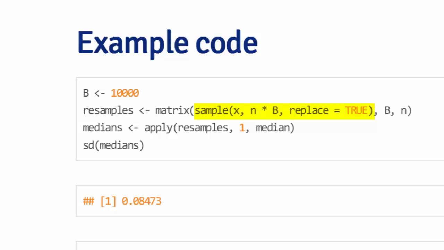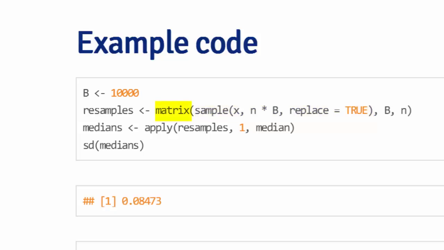If I didn't have replace equal true, it would give me an error because you can't draw n times b elements from x, which only has n elements, without replacement. This now gives me a vector of n times b samples from x.